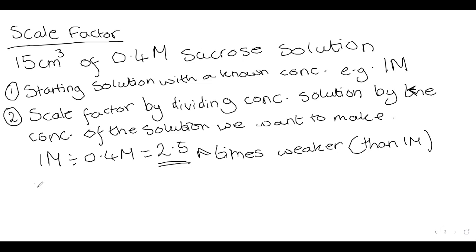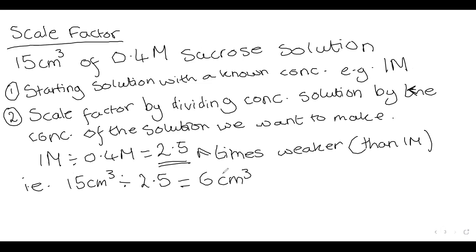So for example, if we've got 15 cubic centimeters, we would divide this. We divide 15 cubic centimeters by 2.5 because we want it to be 2.5 times weaker. And that would mean we have 6 cubic centimeters.